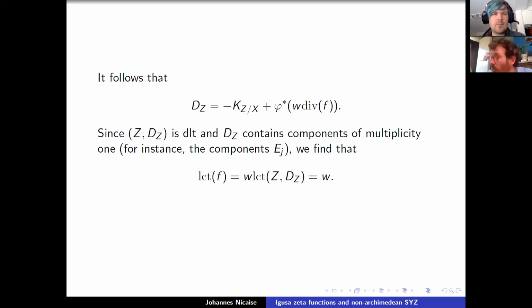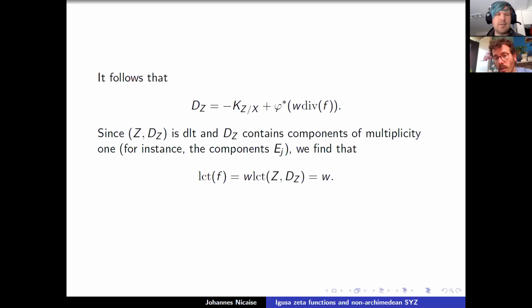I should think about this carefully to be sure, but it should be something like the components in a strict transform of the divisor of F, plus the exceptional components computing the log canonical threshold, for which nu over n is equal to the LCT.